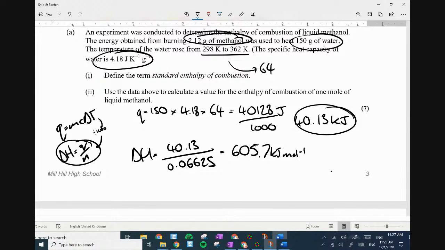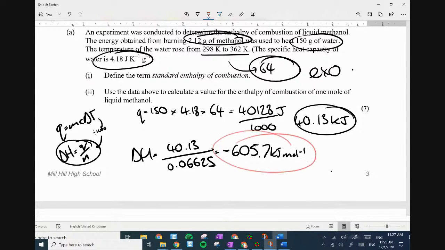The reason being is because this is the combustion of methanol, and the temperature climbed. This is exothermic, which means you must remember to add your negative sign to your final answer. That there is the minus sign because it means exo.